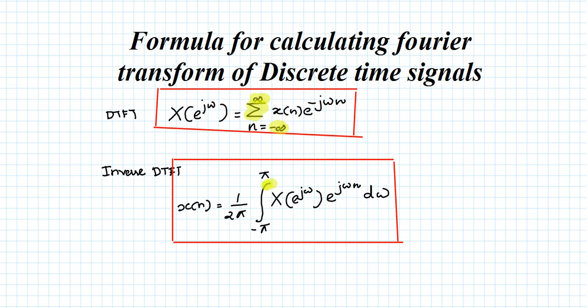When you calculate the inverse Fourier transform, it becomes an integral, and the limit is from minus pi to pi. Another important point: in the forward transform, that is DTFT, the sign is minus, and in the inverse the sign is positive. Another point, the variable of integration in the inverse DTFT is omega, but in the forward DTFT the summation variable is n.